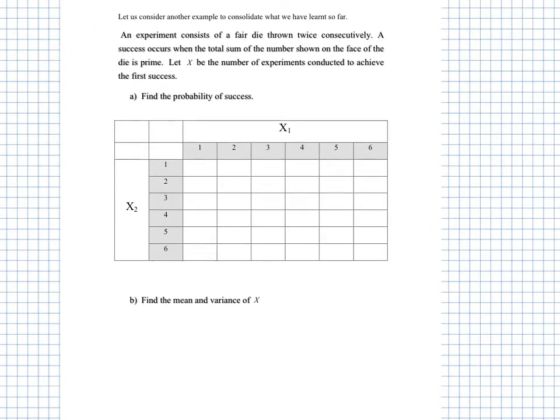So we have 1 plus 1 equals 2, 3, 4, 5, 6 and 7. And on the second row here you have 3, 4, 5, 6, 7 and 8. On the third row you have 4, 5, 6, 7, 8 and 9 and so on. Let me just fill in the rest.